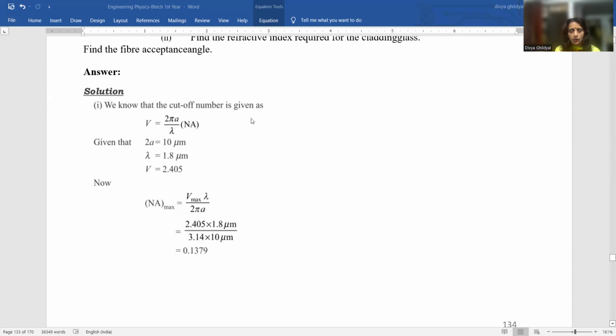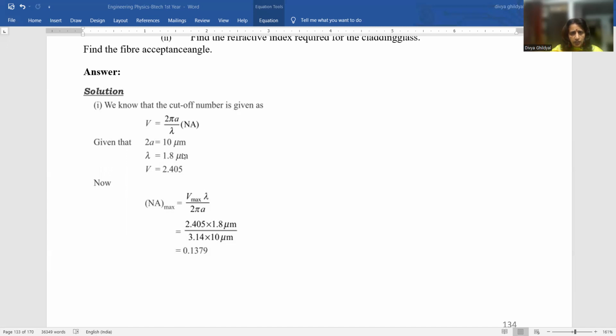See, first we are going to write down the formula for the cutoff number or the V number. We have been given 2a is equal to 10 micrometer. Lambda is 1.8 micrometer and V has been given to you. So numerical aperture becomes equal to V into lambda upon 2 pi a. We keep the value of V here. We keep the value of lambda.